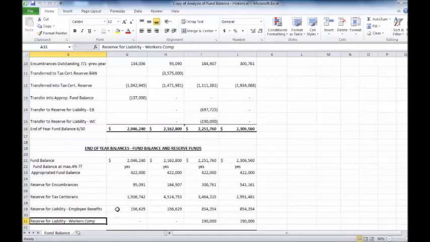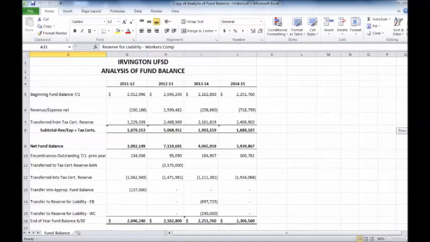The reserve for liability employee benefits is a fund to cover vacation leaves, sick leaves, etc. that are due employees. And at that time in 11-12 we did not have a workers' comp reserve.